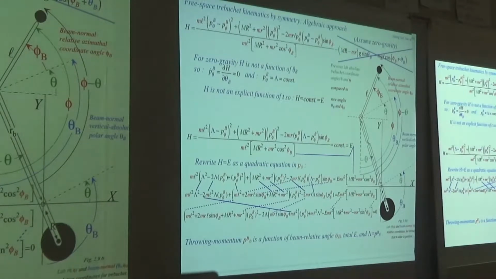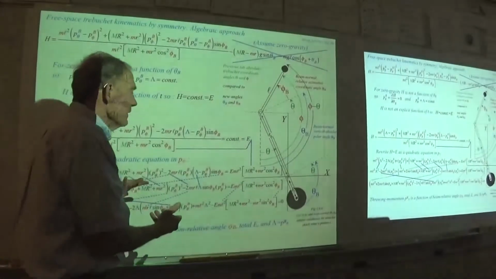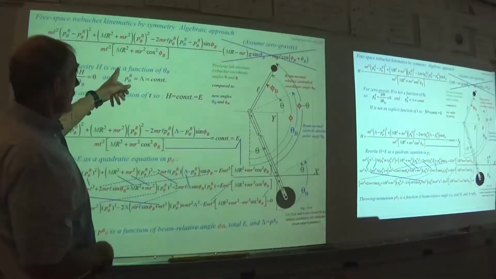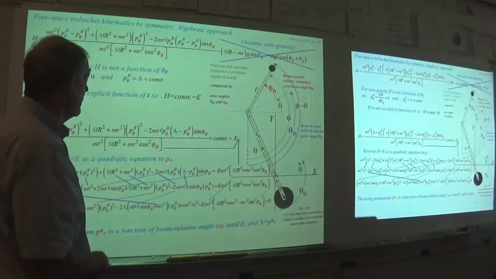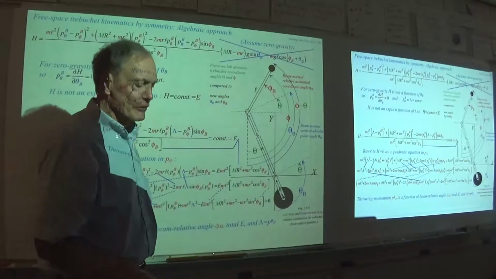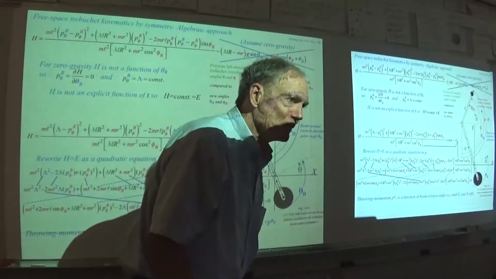So this is an attempt to get something that will work. Now, one of the things I guess I've sort of mentioned here is this isn't going to help us a whole lot to a solution unless I consider the case of zero gravity. Now you might say, well, that's not Trebuchet business at all, but it is. It's the Chinese Trebuchet.